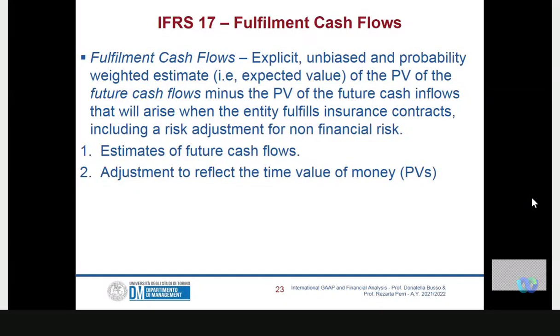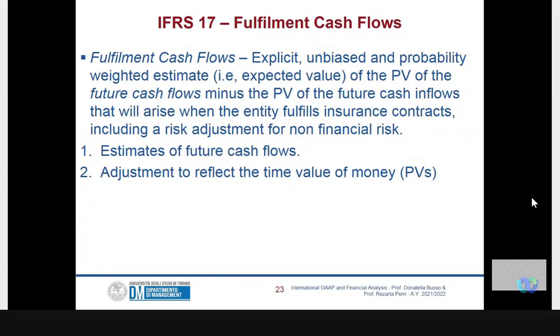That is, we estimate the future cash flows, and this depends on specifics of each contract that we issue. Actually, the standard requires the companies to combine contracts with similar features together. That is, contracts issued to similar customers or to similar regions with similar characteristics, geographic regions, and so on.